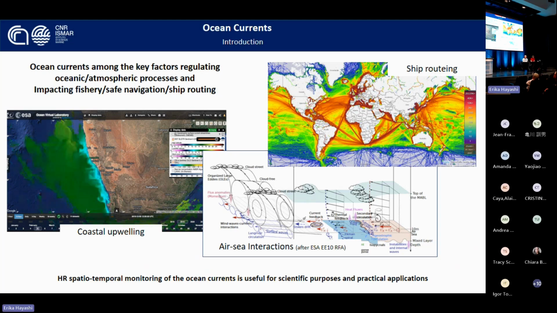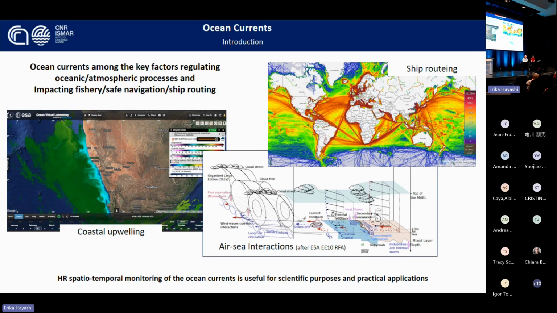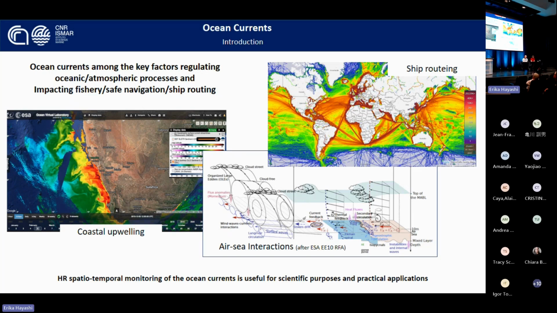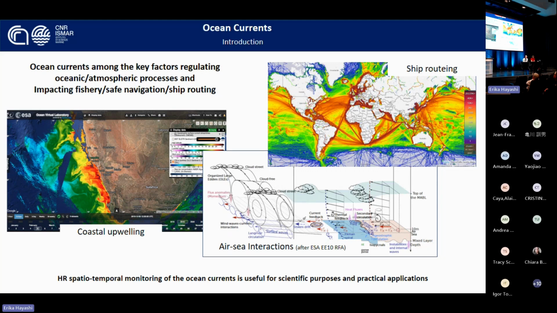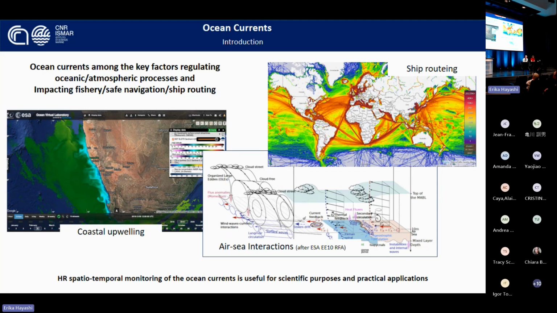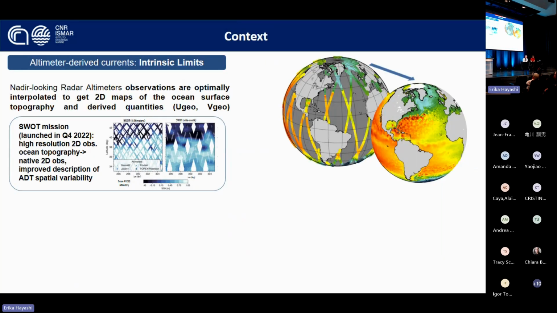All these applications ideally would require a very high space and time resolution monitoring, although this is not recently achieved, considering the capabilities of the monitoring, especially from space, which currently is synoptic monitoring.